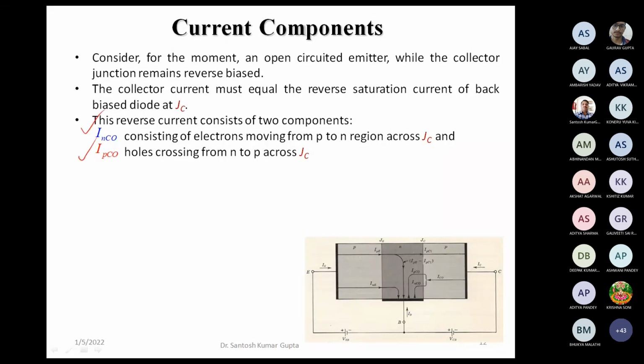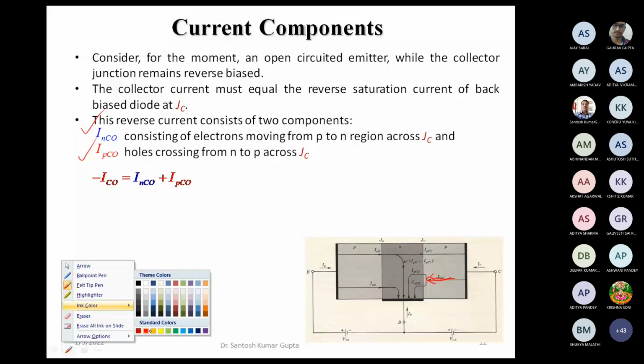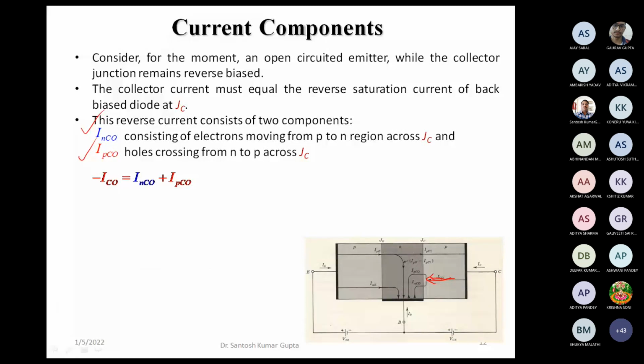So INCO and IPCO we have already seen. In this diagram, ICO is shown in this direction, but in reality the current direction is in this direction. That's why INCO and IPCO plus is equal to minus ICO. It is just a directional convention.